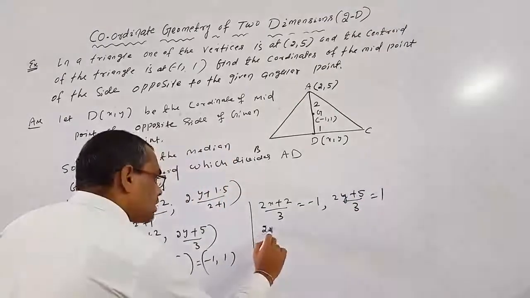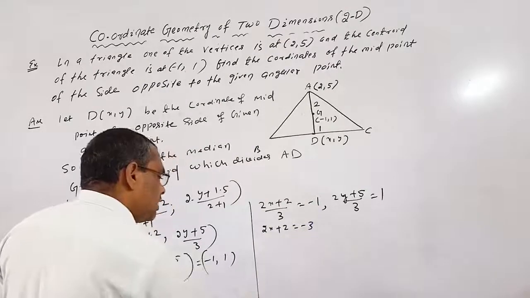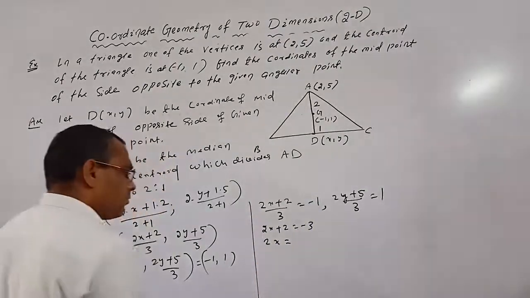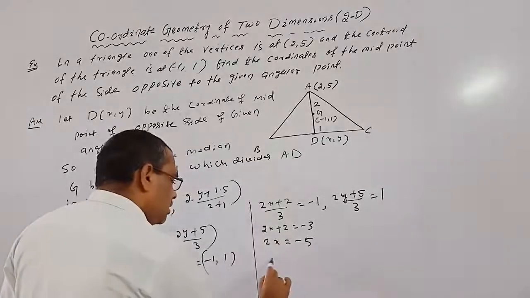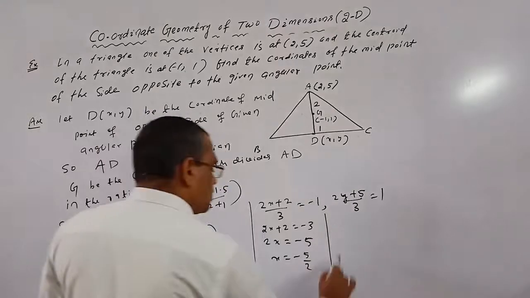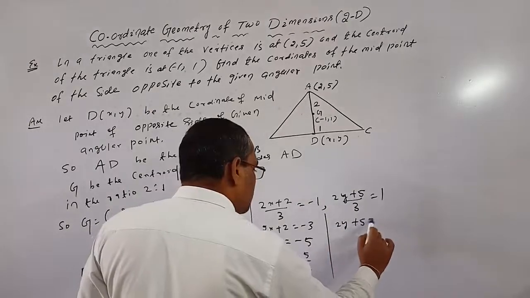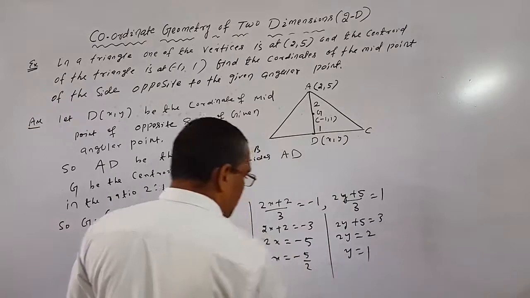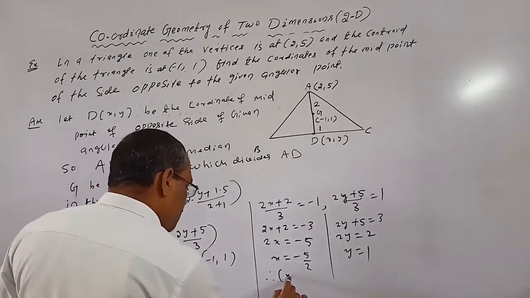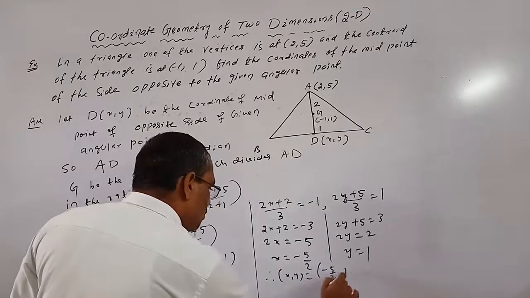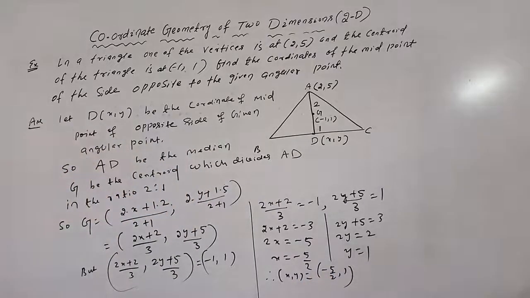So 2x plus 2 equal to minus 3, that implies 2x equal to minus 5, that implies x equal to minus 5 by 2. Next 2y plus 5 equal to 3, 2y equal to minus 2, that implies y equal to minus 1. Therefore x comma y equal to minus 5 by 2 comma minus 1. This is the answer. Do you understand?